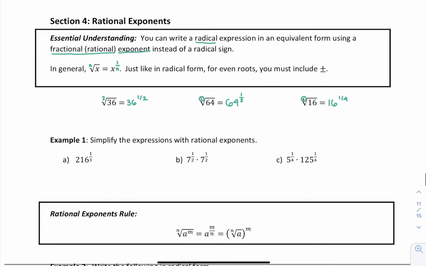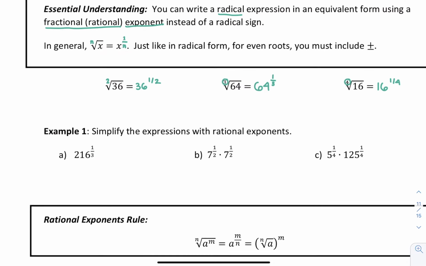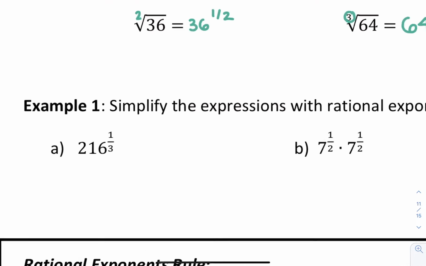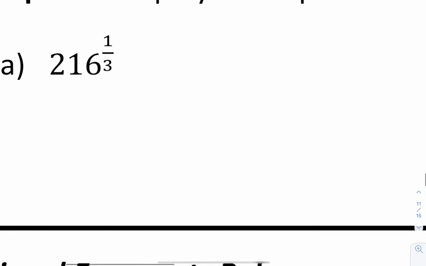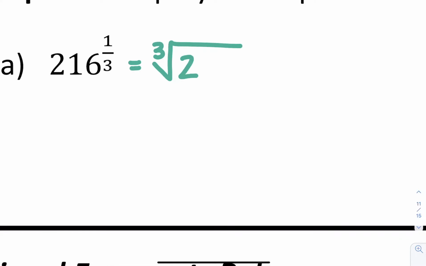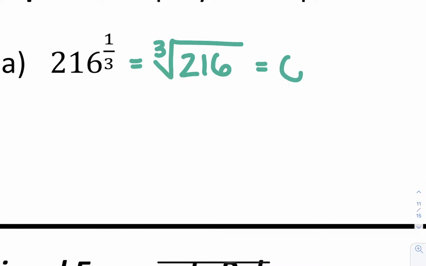So we can simplify these in a few different ways. The first way, if I have something like 216 to the 1/3 power, I can rewrite that as the cube root of 216. And then I could always do my factor tree and look for groups of 3, and I would end up getting 6. So you get the same answer no matter which way you use.